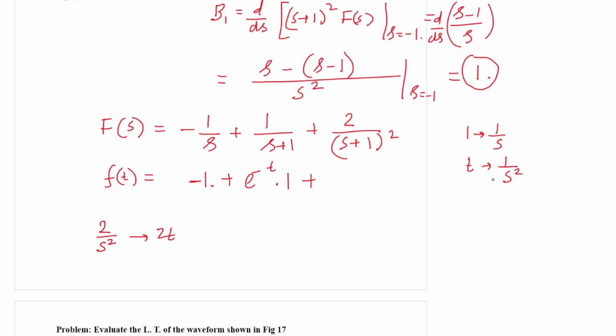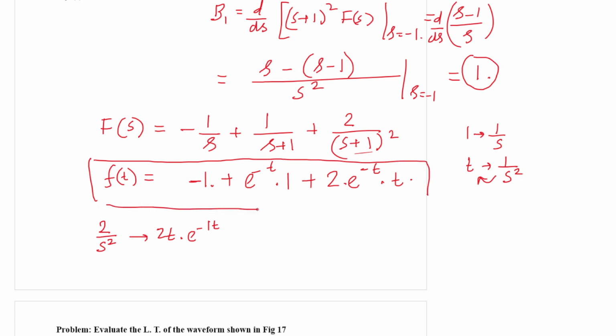So if you have 1 by s square, its inverse Laplace transform will be t, and with 2 by s square, it is 2t. Additionally, you have a shift in the frequency domain by 1 unit, so you should multiply it with the factor e to the power minus t. So the inverse Laplace of this function is 2 into e to the power minus t into t. That is the inverse Laplace transform of this function.